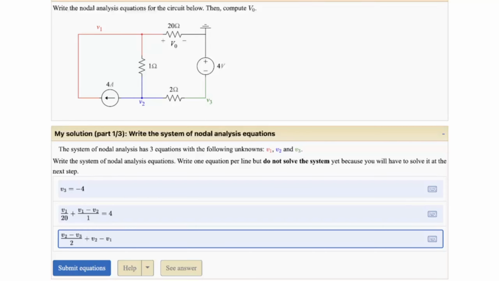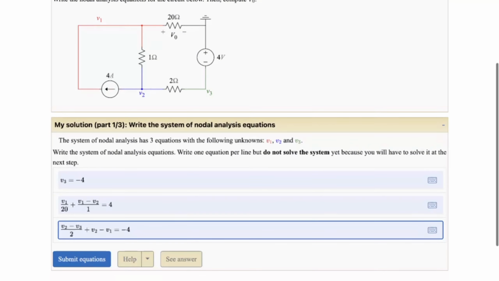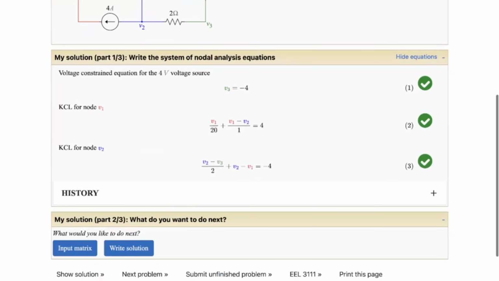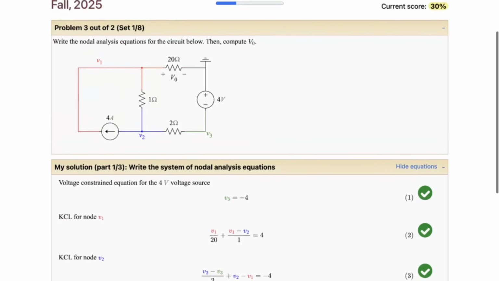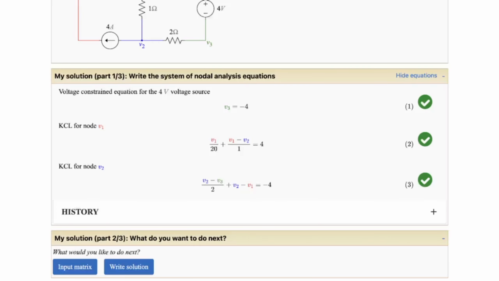And finally, we have a 4 amp current source coming out of the node. So that's going to be positive, but again, to make my life easier, I'm going to move that to the other side. So if you subtract 4 from both sides, you're going to get negative 4. I'll submit those. Perfect. And I'm going to input a matrix to solve for all these potentials.